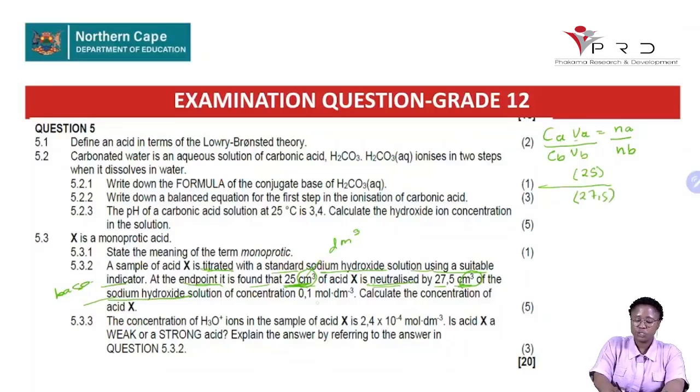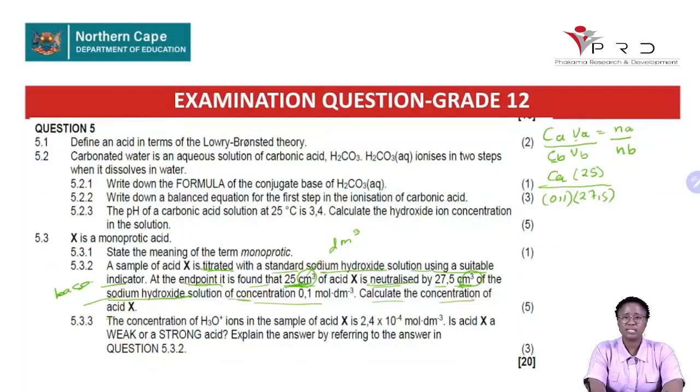And then they say that the sodium hydroxide has a concentration of 0.1. What is that 0.1? It is the concentration of the base, so I put 0.1 as the concentration of the base. And then they say to calculate the concentration of the acid. That means I'm looking for the concentration of the acid. Because this is a monoprotic acid, it can only donate one.